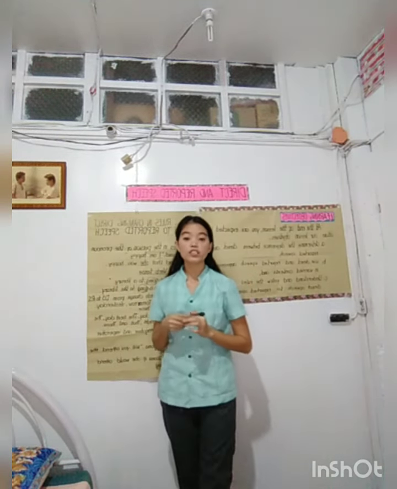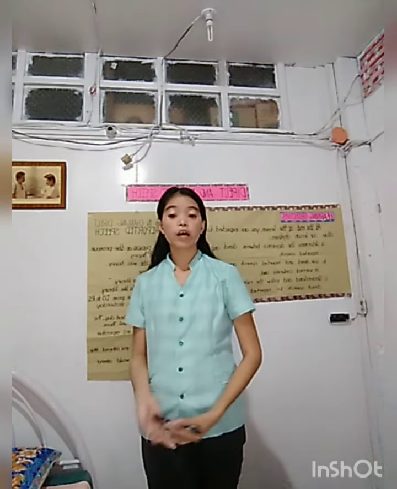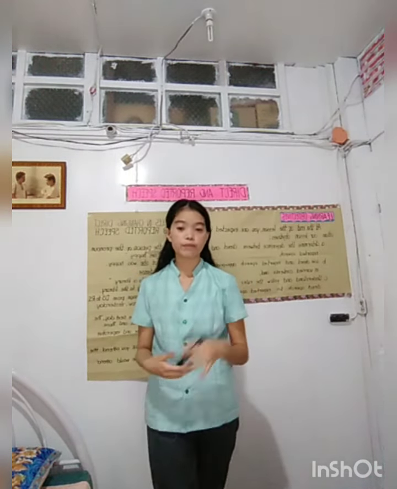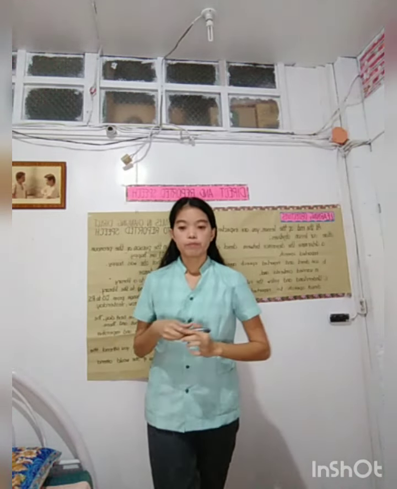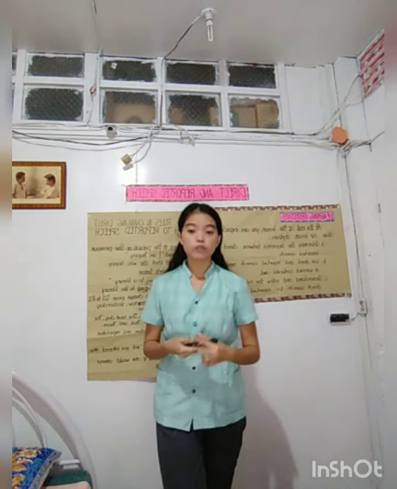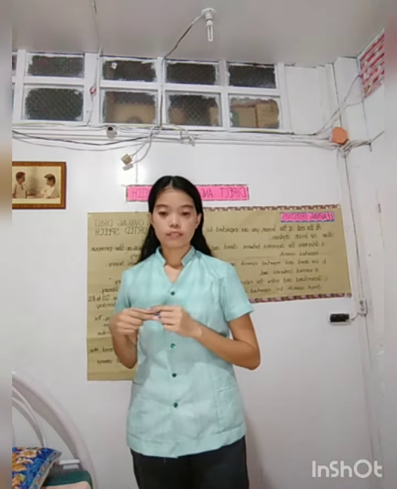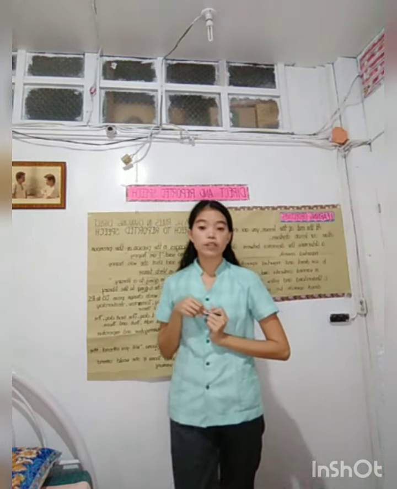Next, we have simple past and past perfect. The example in direct speech is, my friend announced, "The meeting started." In the reported speech, it will be, my friend announced that the meeting had started.